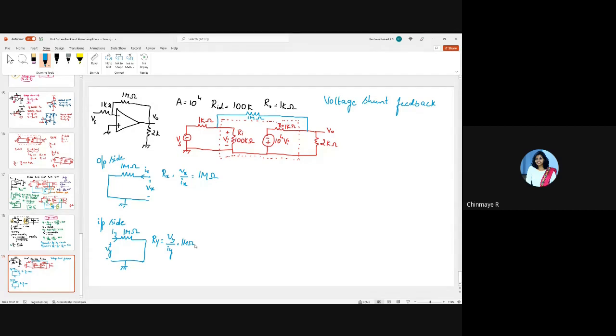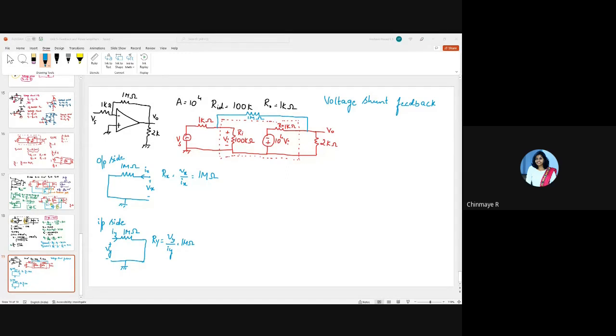Is this clear to all of you? Okay, let's continue now. I have a question to ask you now. See now, what kind of an amplifier is this? This is an inverting amplifier, right? Correct?